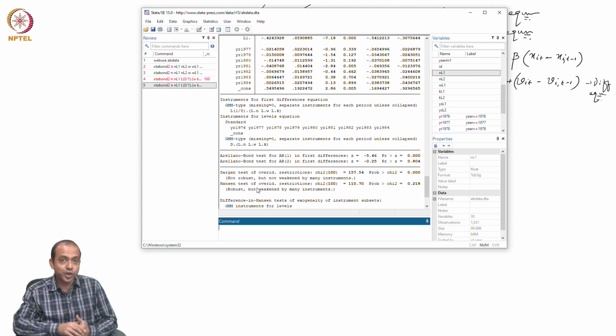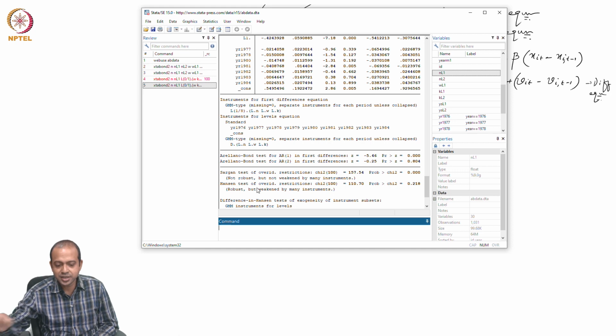If you recall, yesterday we discussed that the Sargan test, as a test of over identifying restrictions, is undersized. The test statistic of the Sargan test is undersized and has extremely low power when you are using too many instruments, and that is what is happening here.